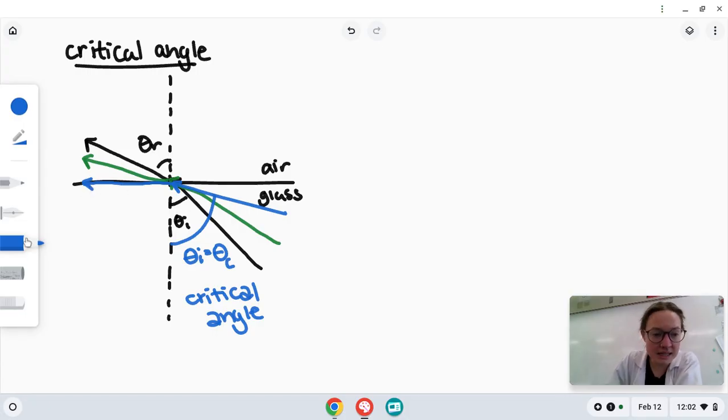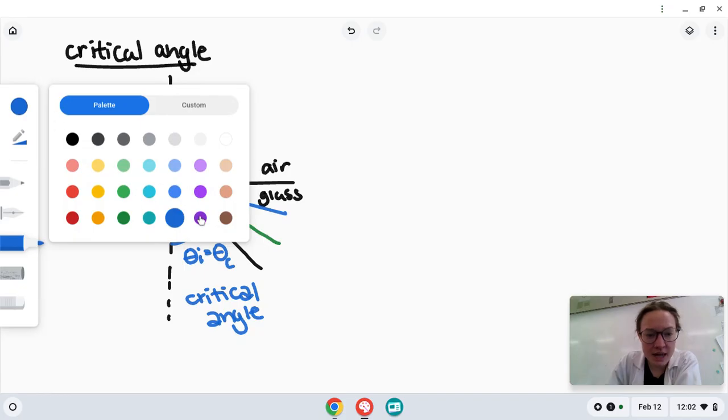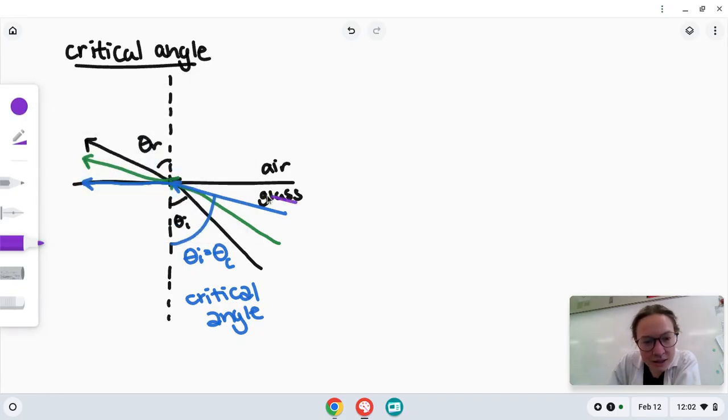Now, here's what's interesting. If I were to launch at an angle that was even less than the critical angle, like here, or even greater than the critical angle, right here, since we're measuring the angle from the normal, if I go at an even bigger angle here, then this won't refract anymore, it will just reflect back into the glass.